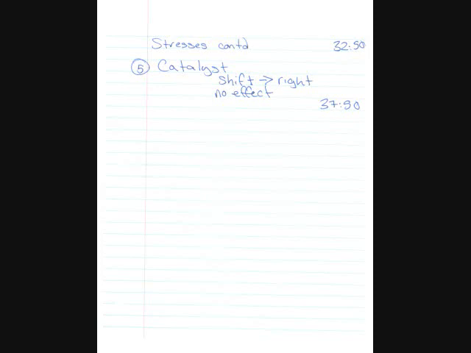So if I increase pressure, I've increased the reactant, so I'm going to shift towards product. So shift right. If I decrease pressure, then I've decreased a reactant, so I'm going to shift back towards reactant, towards the left.